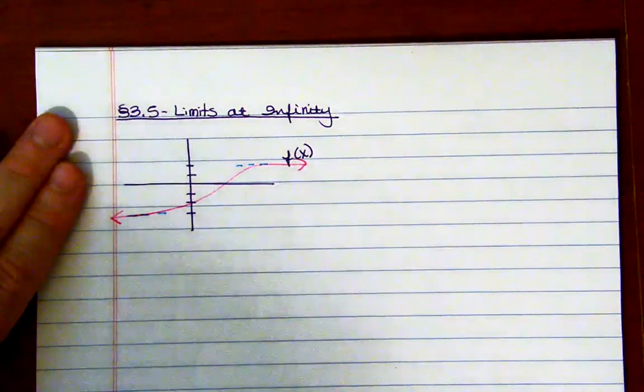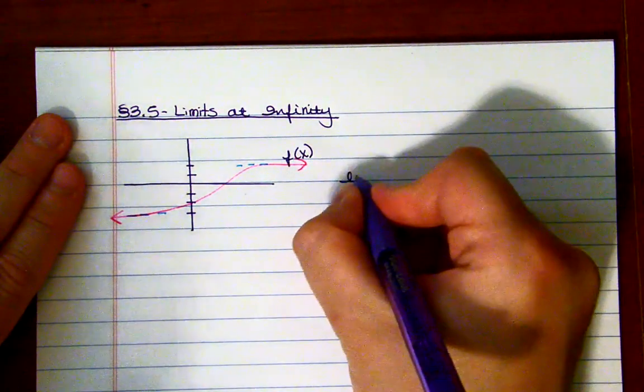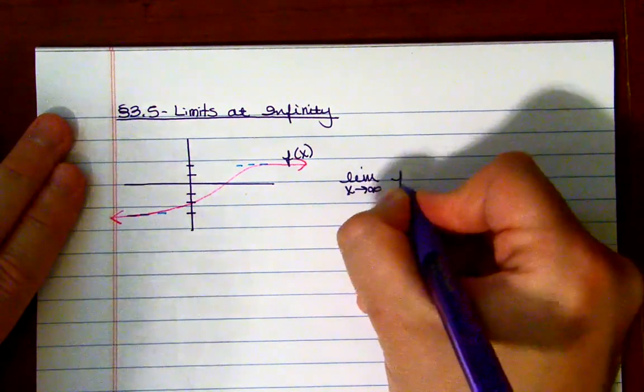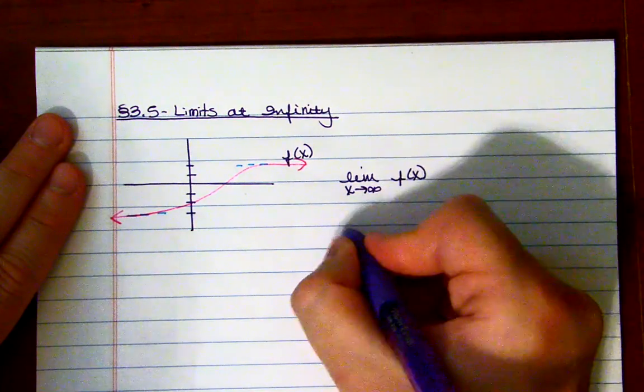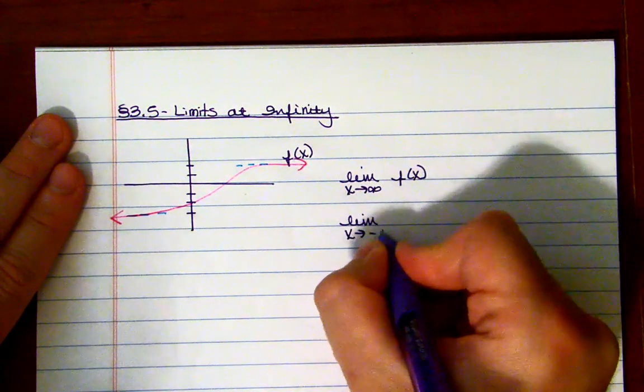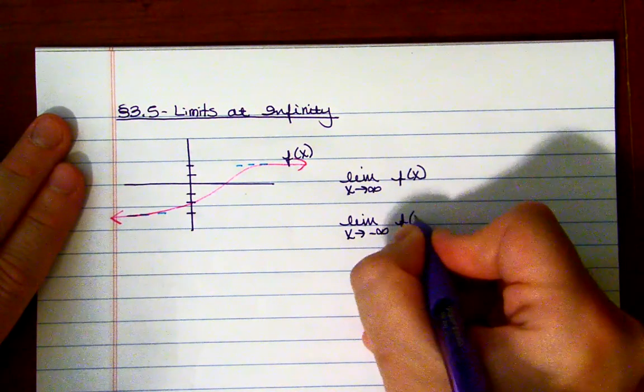I'm going to call this thing f of x, and I want to find the limit as x approaches infinity of f of x, and I want to find the limit as x approaches negative infinity of f of x.